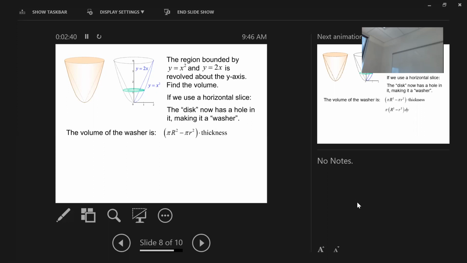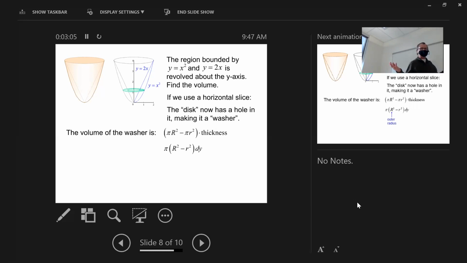Then what? We're going to multiply that by how thick it is. And in that picture, the thickness is dy, because these washers are stacked vertically. Then we're going to add them all up from the y limits. So what did they do?